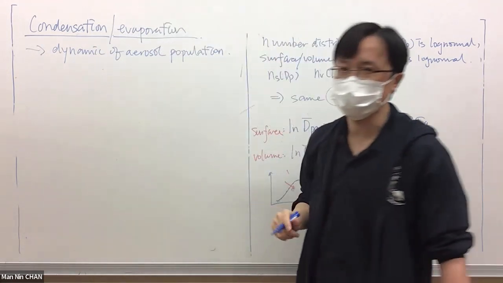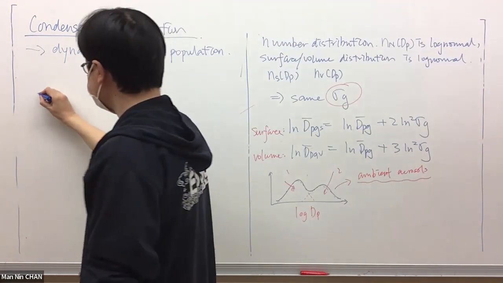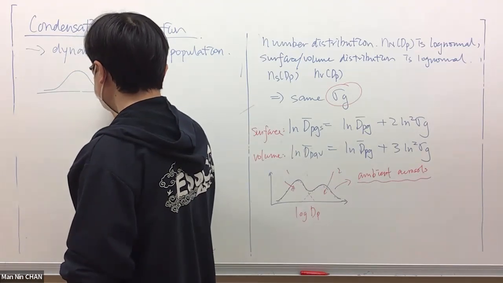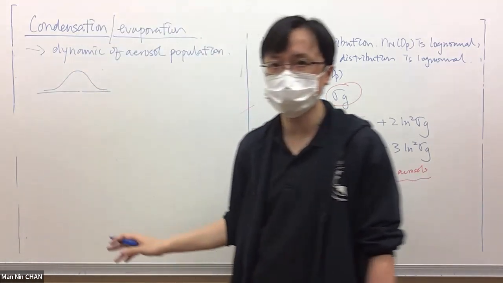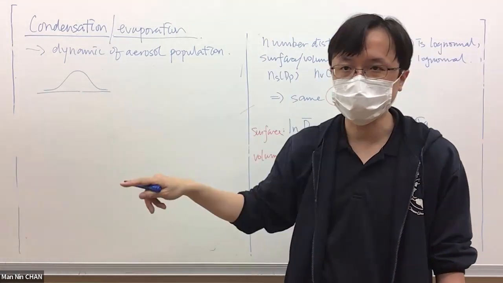So if there's some condensation process happening, assume that at the very beginning your aerosol population is not normally distributed.